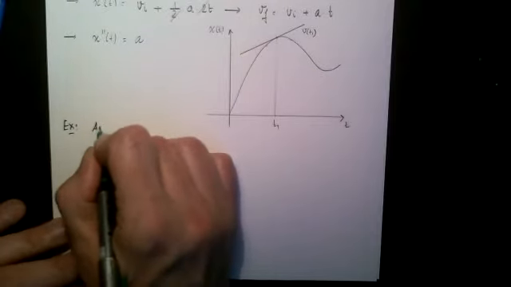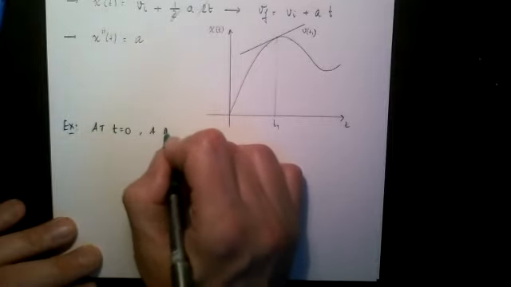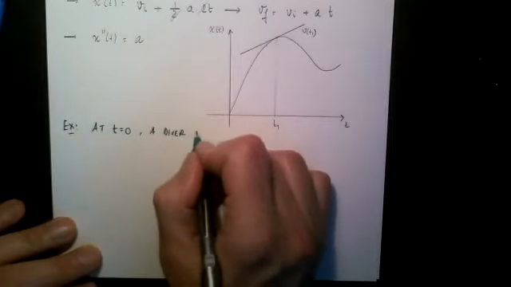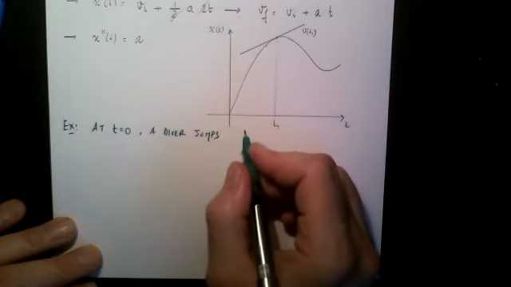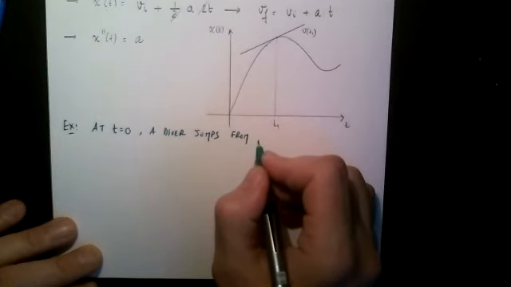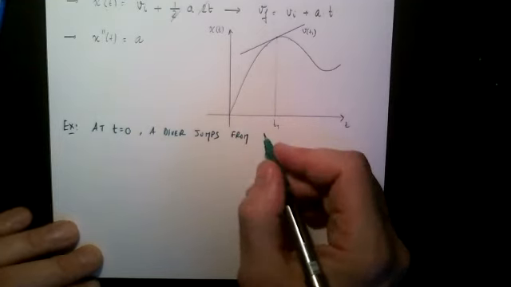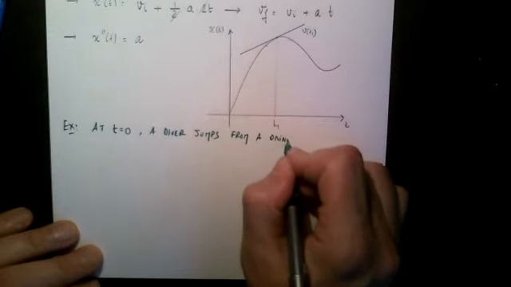At t equals 0, a diver jumps from a diving board 32 meters high. I'm just taking this from a book.